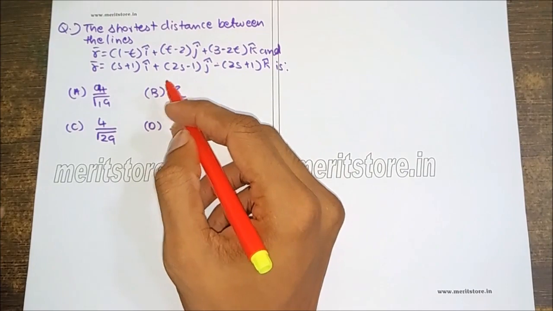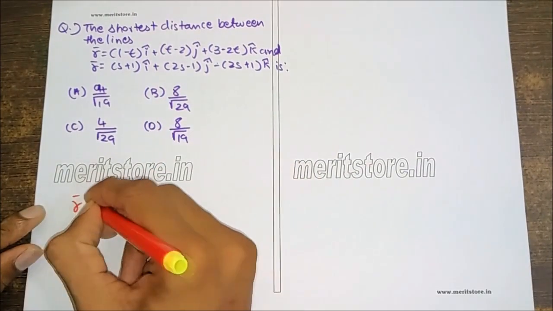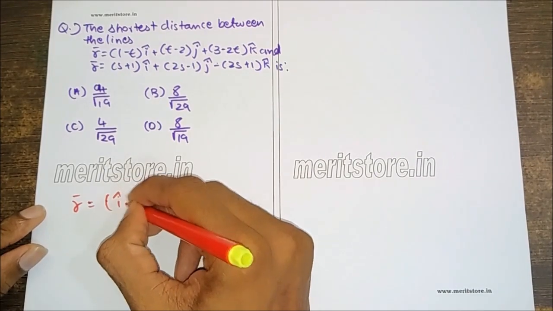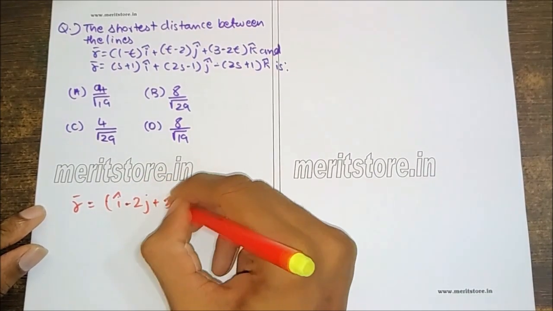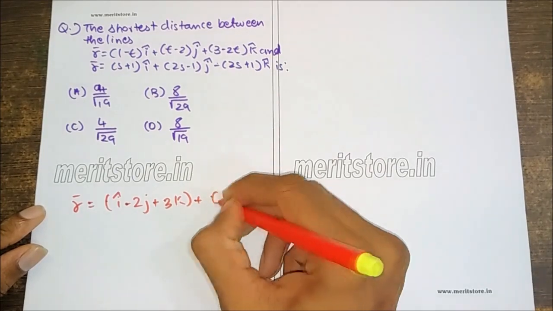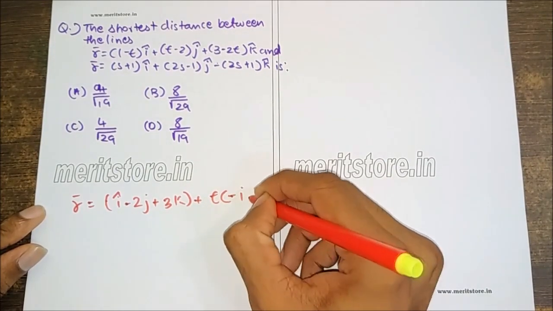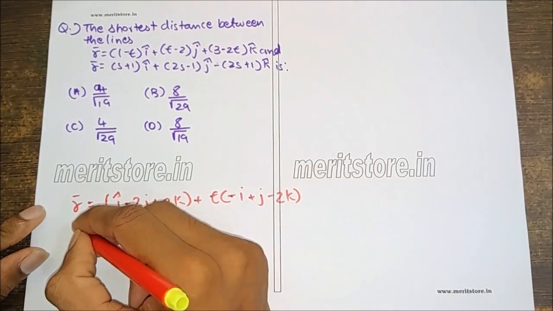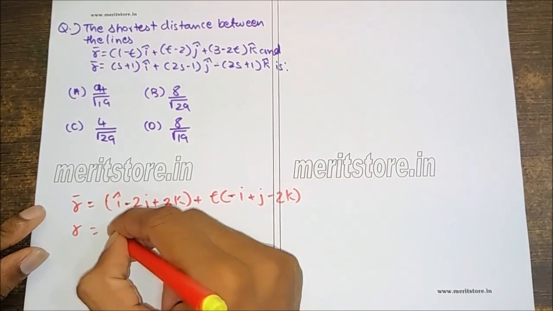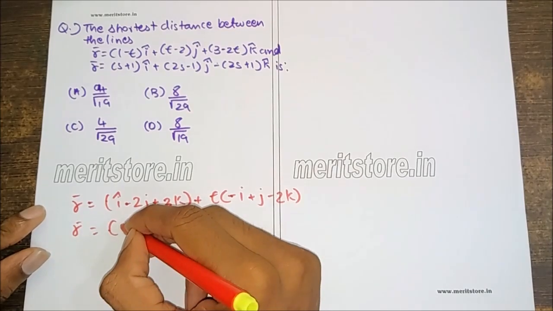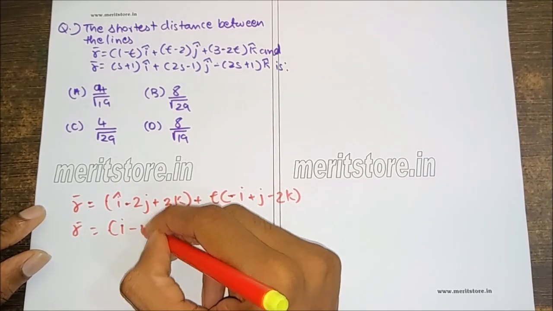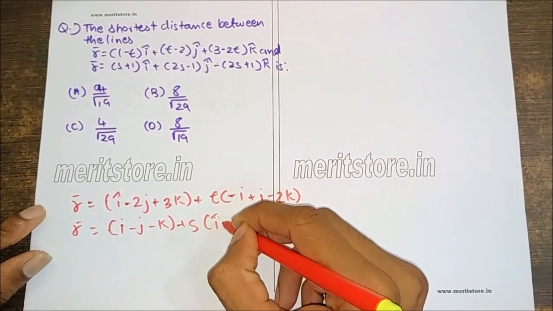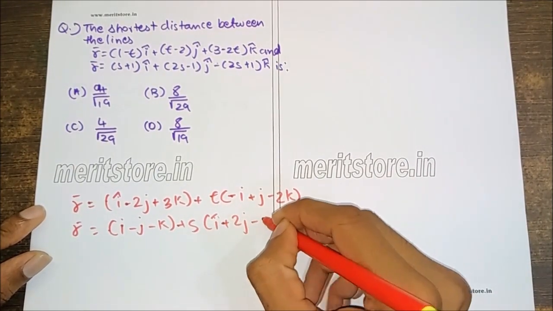We rewrite the given lines as r vector is equal to i minus 2j plus 3k plus t into minus i plus j minus 2k, and r is equal to i minus j minus k plus s into i plus 2j minus 2k.